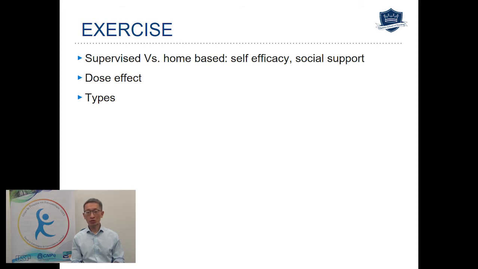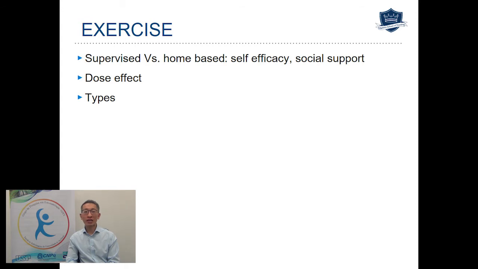So there are 2 different types of programs available. One is supervised by clinicians, by professionals, versus some of the research evaluated home-based programs, where they instructed the patients with ischemic problems to exercise on a regular basis. And I think in the literature so far, the supervised program seems to work better.